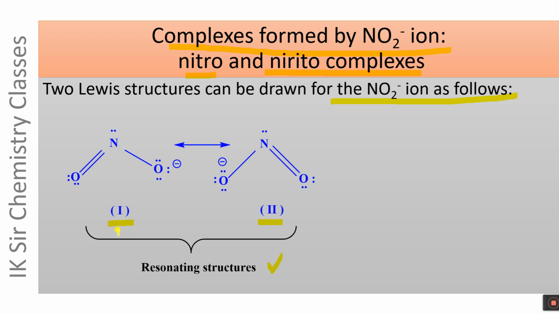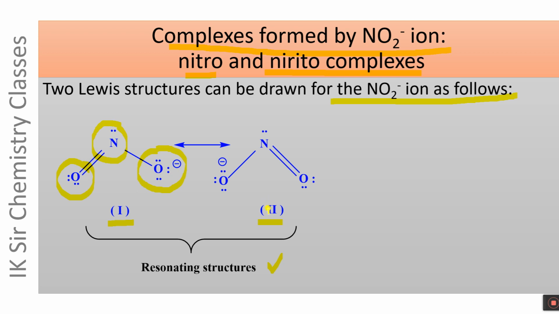In the resonating structure 1, the monovalent oxygen atom contains 3 lone pairs of electrons and negative charge. The divalent oxygen atom contains 2 lone pairs of electrons and no charge, while the trivalent nitrogen atom contains 1 lone pair of electrons and no charge.